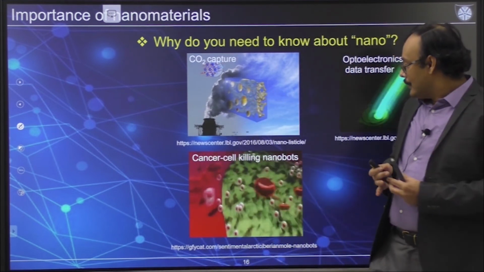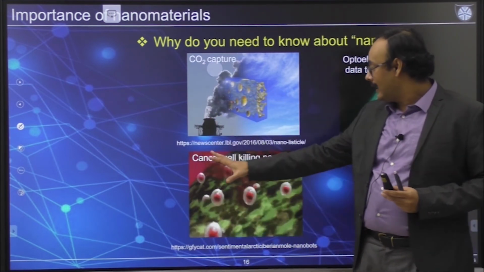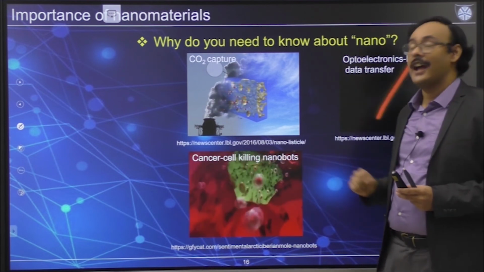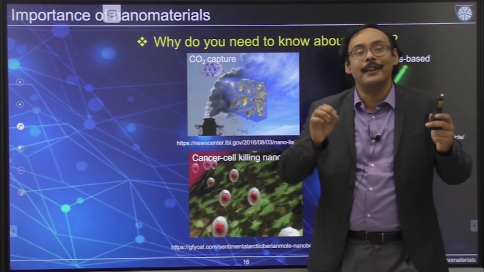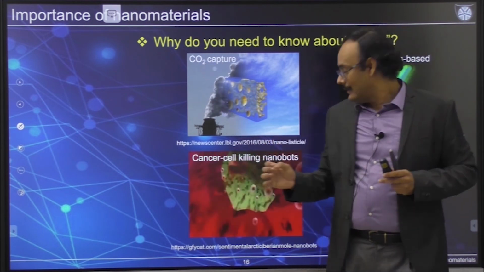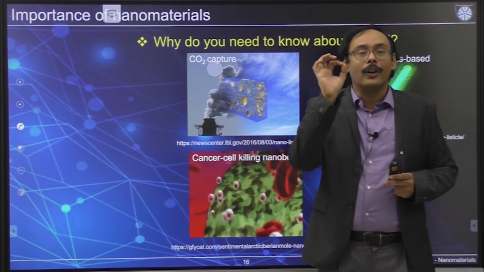Okay, so this is called cancer cell killing nanobots. As I told you, nanobots are essentially nano robots. Nano is already small.